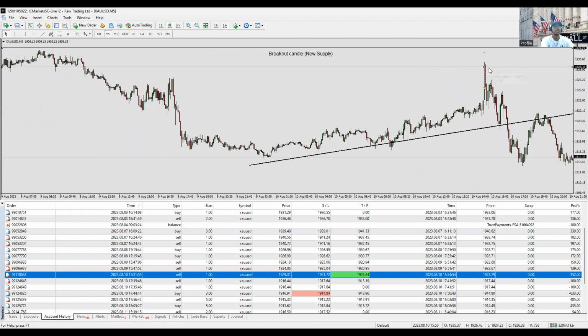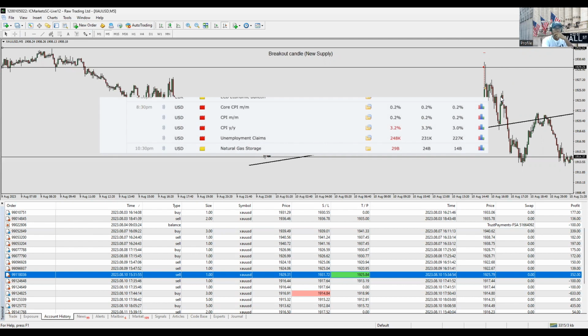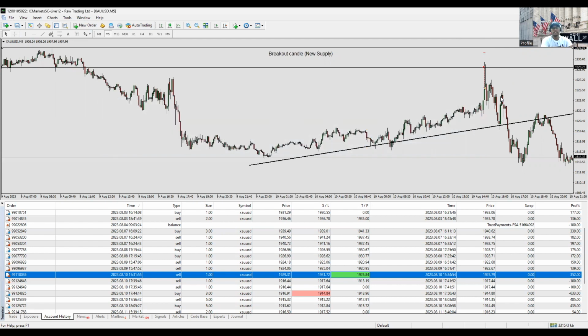So this was a very strong level, and banks and institutions were just targeting this level. As soon as price touched here, those orders were activated and price just pulled back hard. And this was also because there was a news event, but news event, fundamentals line up with technicals, and it all makes sense.